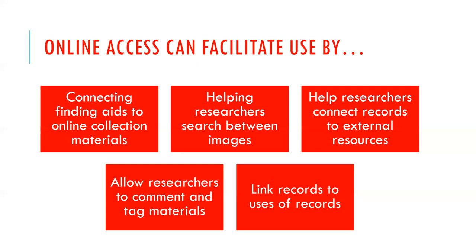And so the Augusti article argues that helping researchers find external resources can be really valuable as well. So maybe having subject access terms that search several different archives, or having an online finding aid that has subject access terms that search several different finding aids.